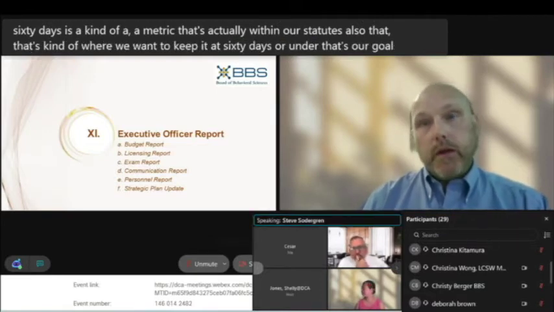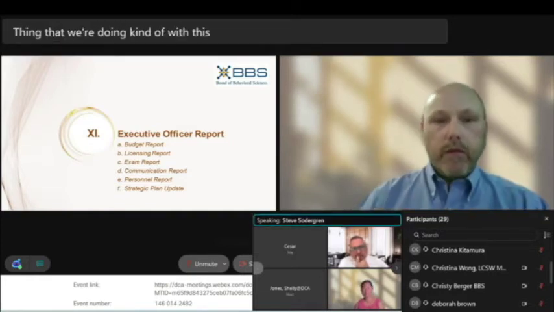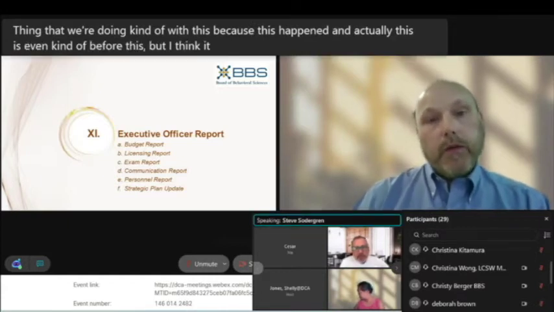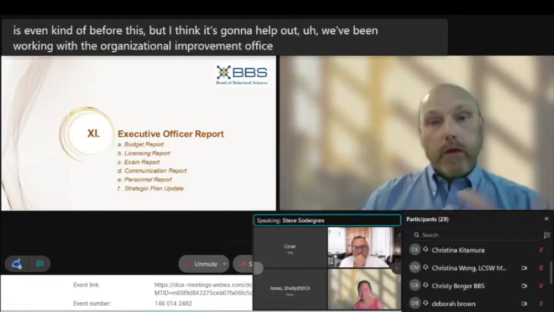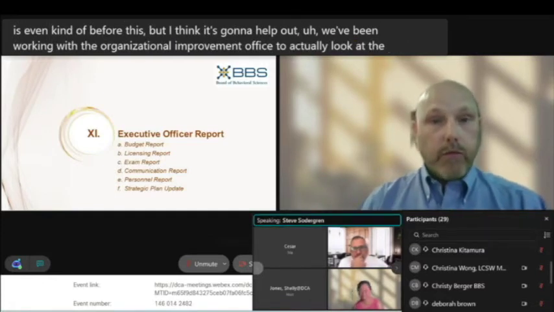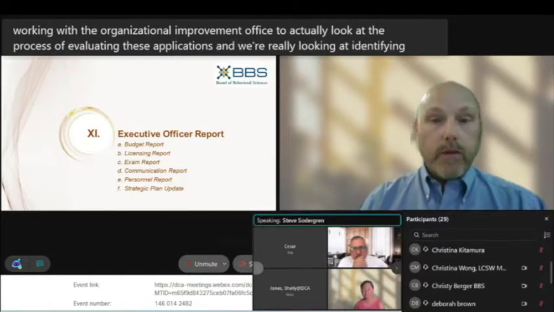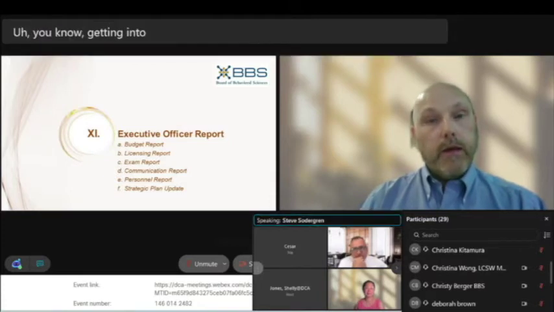The other thing that we're doing with this, and actually this is even before this, but I think it's going to help out. We've been working with the Organizational Improvement Office to look at the process of evaluating these applications. We're looking at identifying improvements, how to streamline the process so we're not getting into a position like this again.